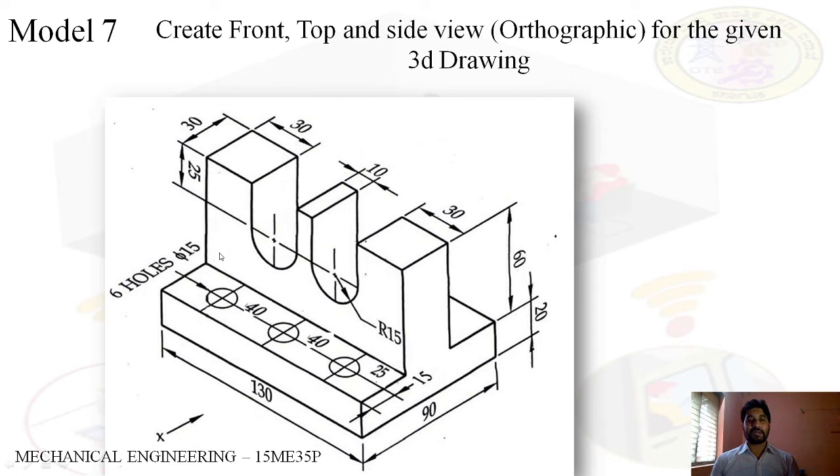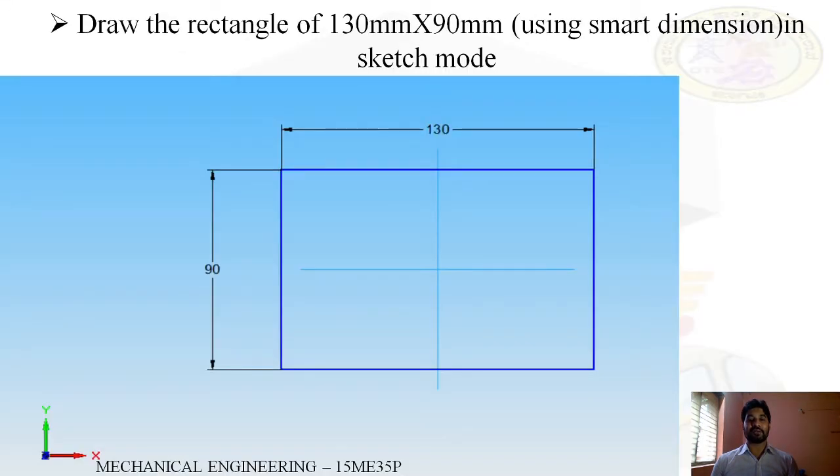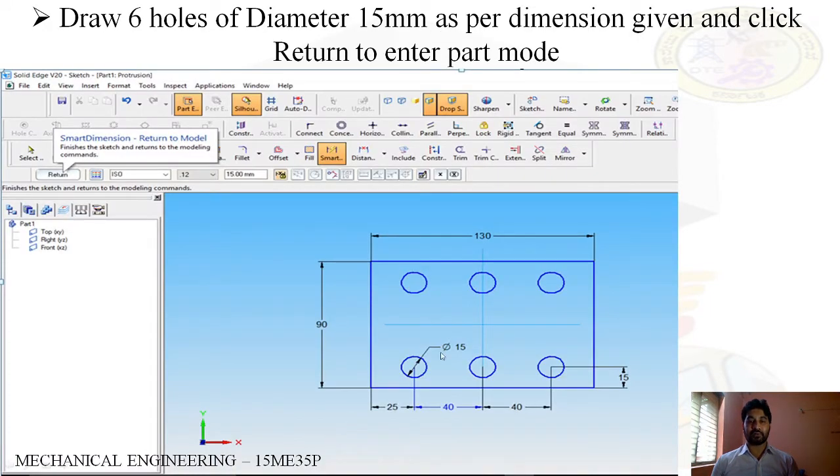Initially, in the first step, you select the protrusion command for drawing the first feature and select the top reference plane. Once you click on the top reference plane, it will move to the sketch mode. In the sketch mode, you have to draw the rectangle of size 130 by 90, and after that add the 6 holes of diameter 15 in the given dimensions.